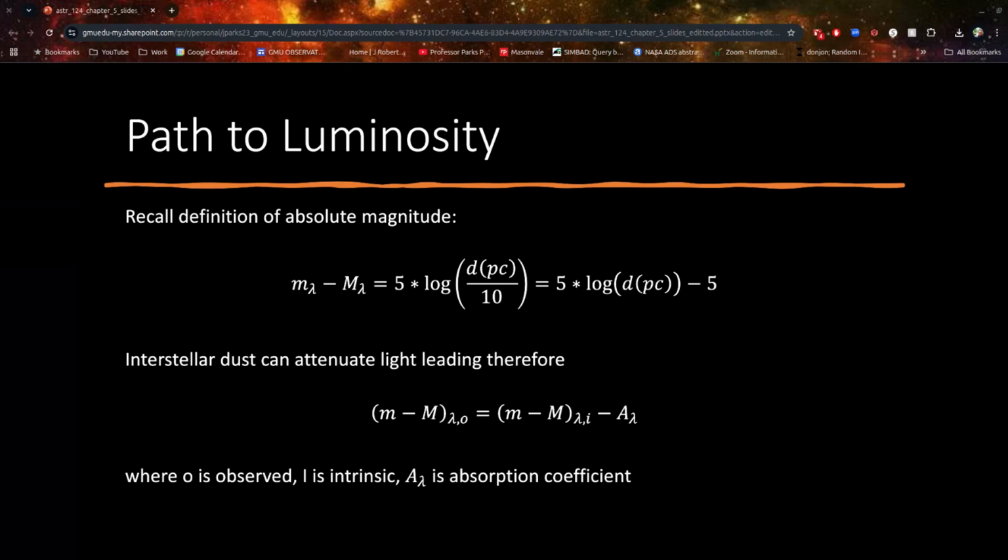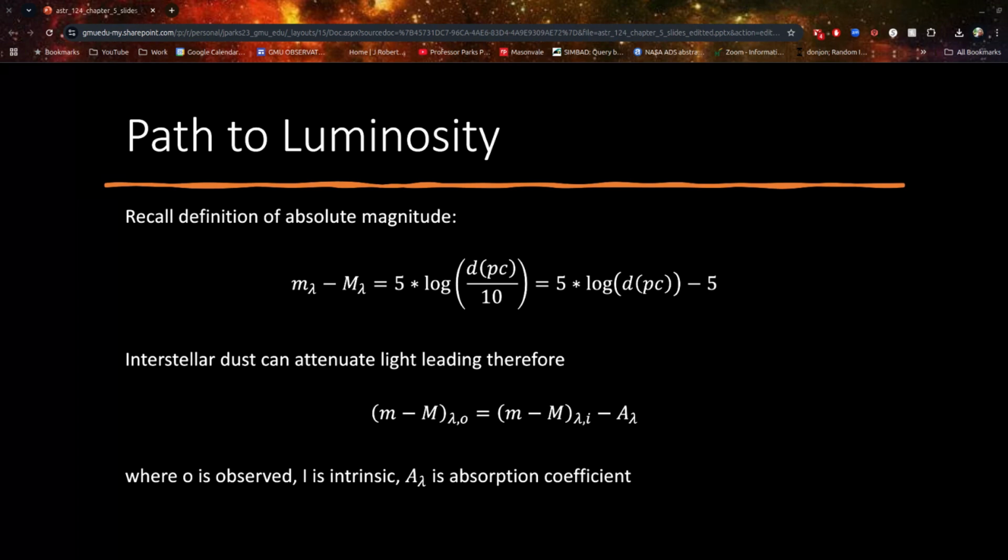Little m, apparent magnitude at a particular wavelength, minus the absolute magnitude at that wavelength, known as the distance modulus, is equal to 5 times the logarithm of the distance in parsecs divided by 10. Or you can write it in a simpler form where the distance modulus is 5 times log distance in parsecs minus 5.